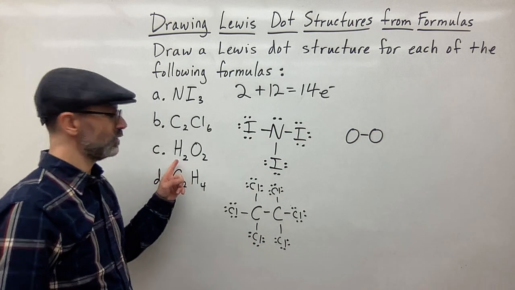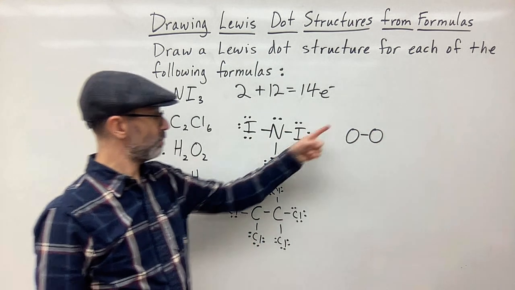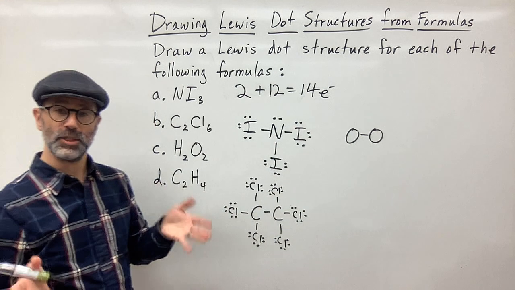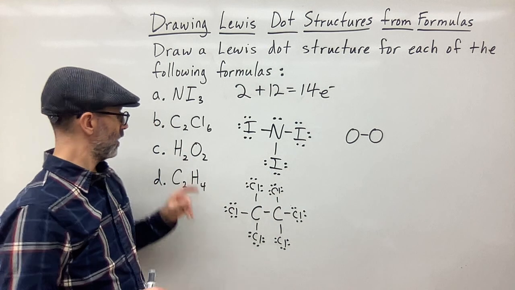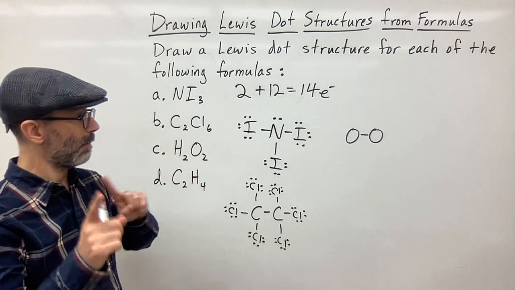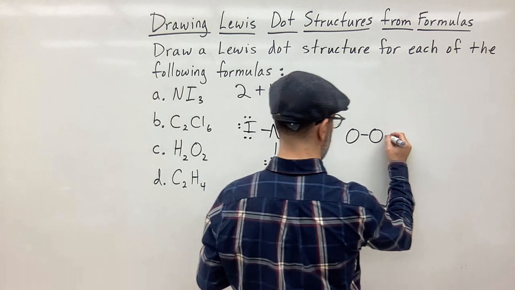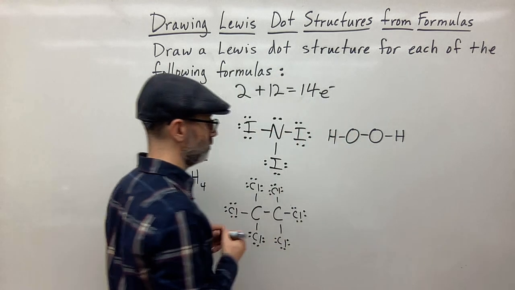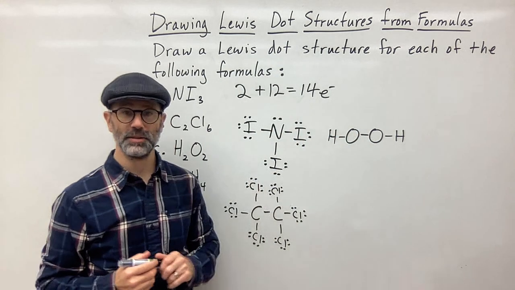And then what about these two hydrogens? I could bond both hydrogens to one oxygen, but again, we want to pay attention to symmetry. So if we have two hydrogens, we want to have a hydrogen on both oxygens. So we'll have one there, one there. Looks like a pair of glasses.